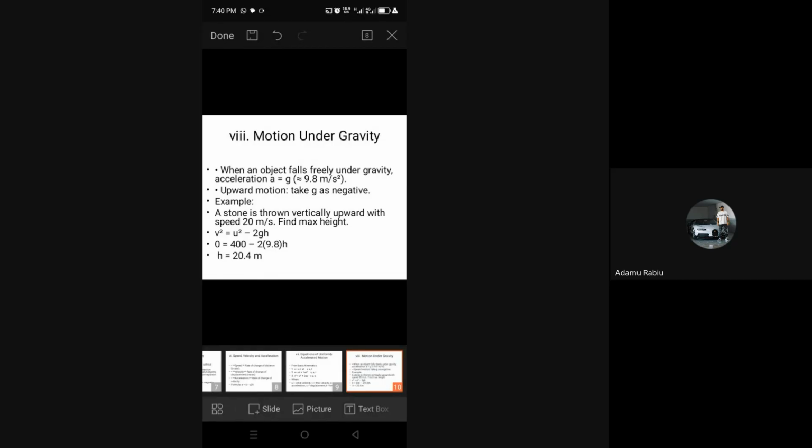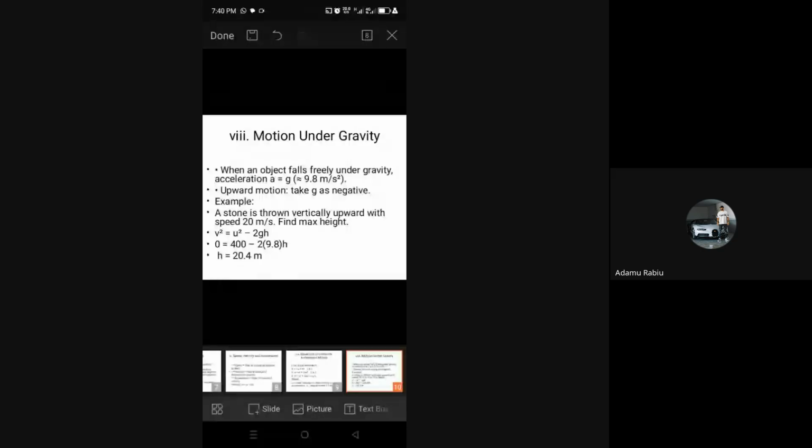An object thrown upward, at maximum height, will have a final velocity of zero. As it's going, once it reaches maximum height, it no longer has any velocity. That is why it will be returning. It has to come back, because it can't go any further. The velocity is now zero. At maximum height, the velocity is zero. Please don't forget that.